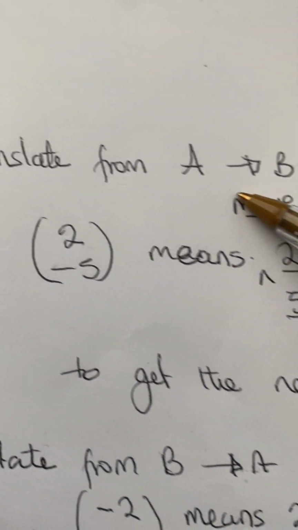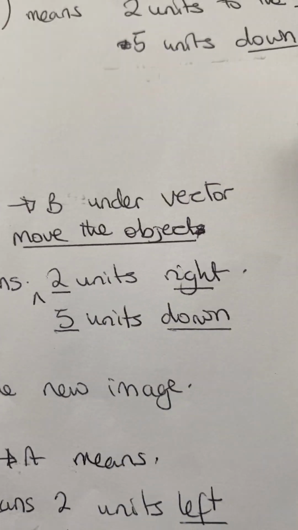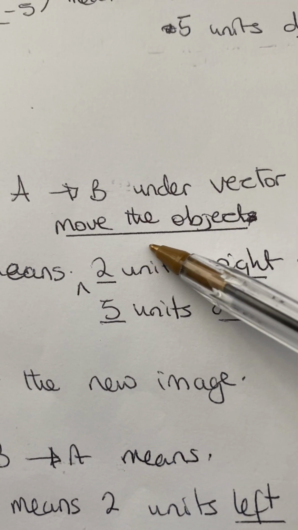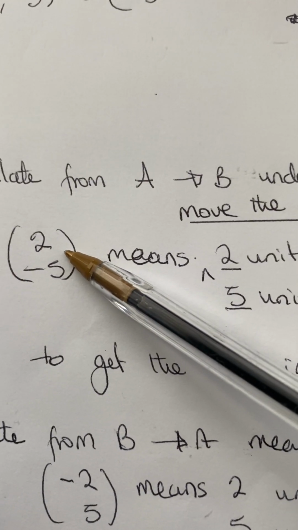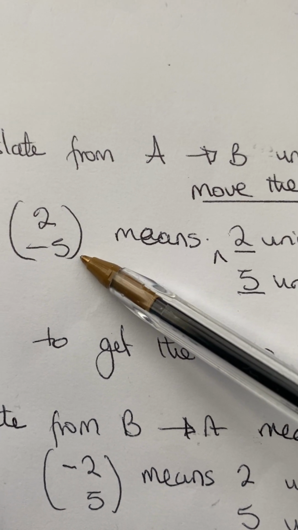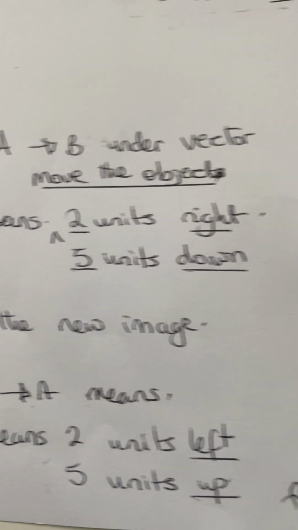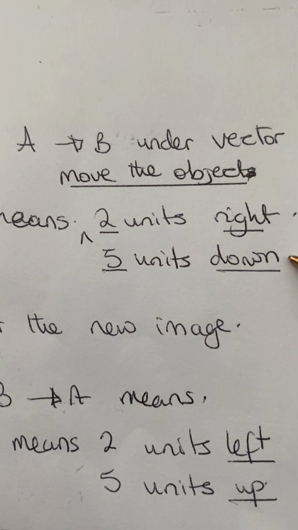So if they say translate from A to B under the vector, and the vector is 2 minus 5, it means 2 units to the right, 5 units down.